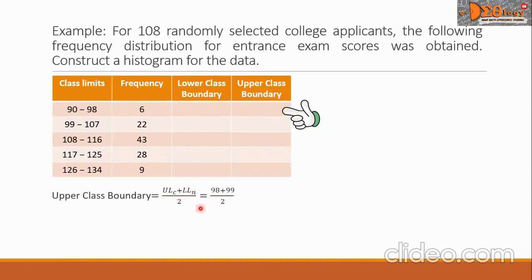It means to say the upper limit is 98 plus the lower limit of the next class, which is 99. So we see here 98 plus 99 divided by 2, we have 197 over 2, that is equal to 98.5. We will copy this value on this blank, and there we go.